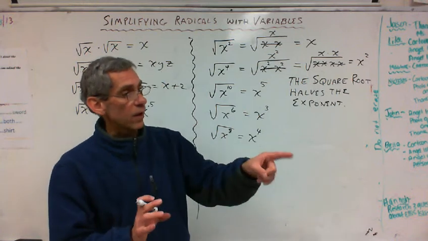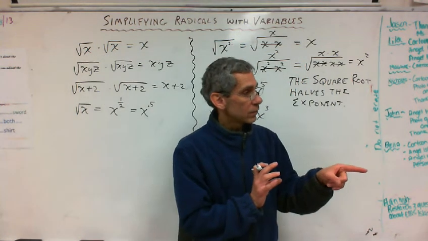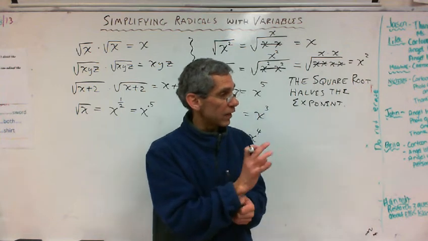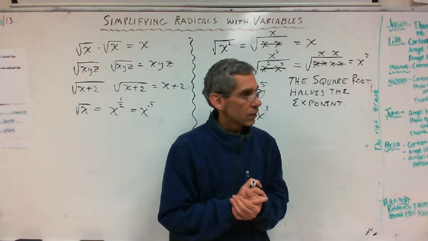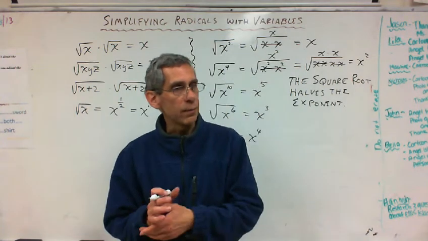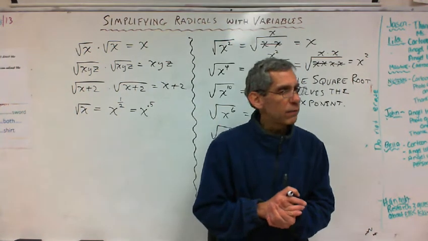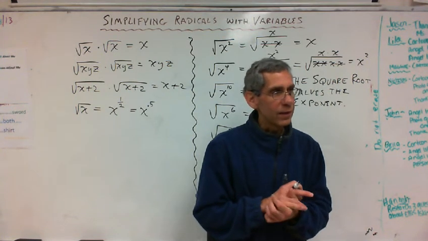All right, let's try another one. X to the 8th, half is x to the 4th, because half of 8 is 4. Emma, square root of x to the 12th is x to the 6th. All right, Gabe, square root of x to the 44th is x to the 22nd.